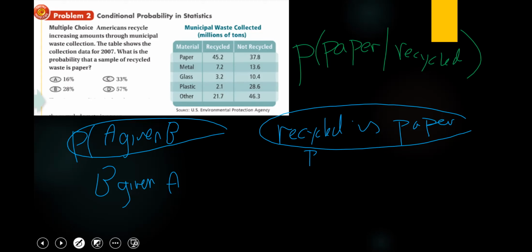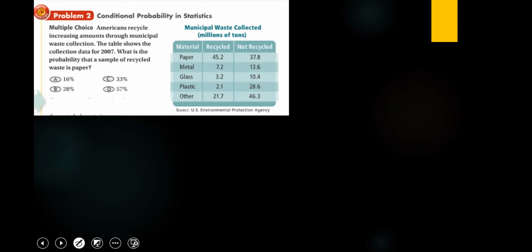The condition here is B. So I can write it as the probability of paper given that it's recycled, because the condition here is that it is recycled. So we write it as the probability of paper given that it is recycled.